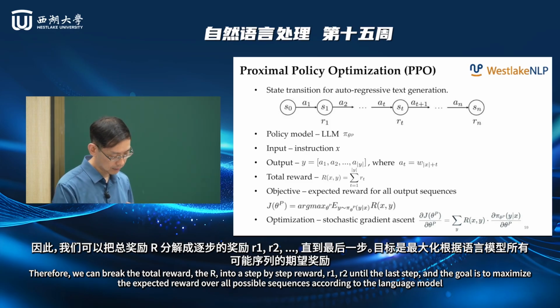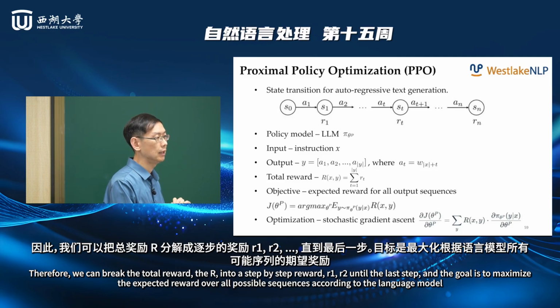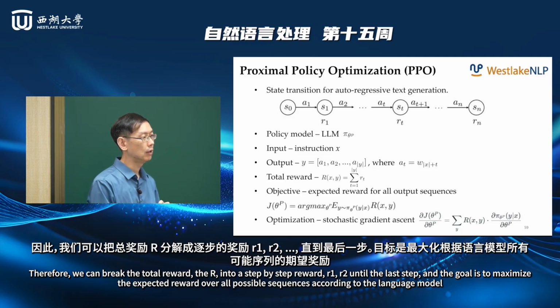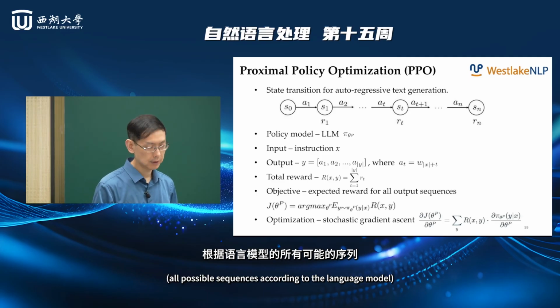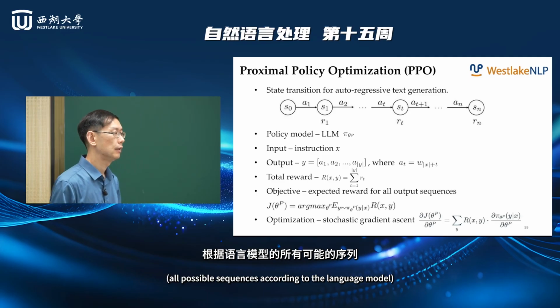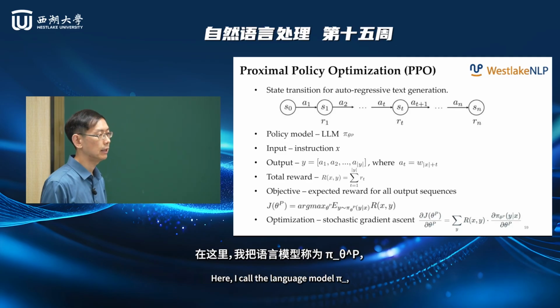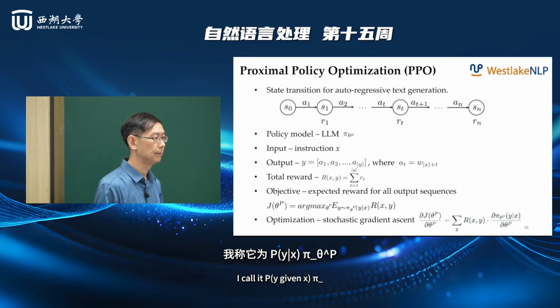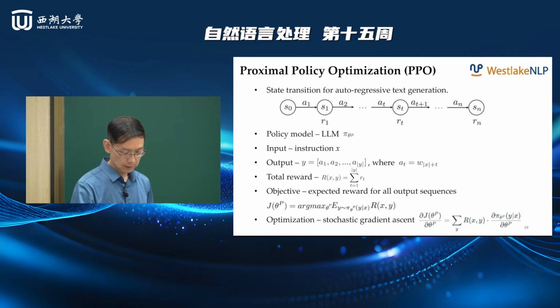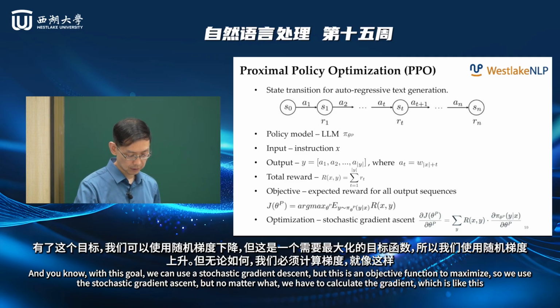And the goal is to maximize the expected reward over all possible sequences according to the language model. Here I call the language model pi theta p, which is slightly different from last week. I call it p of y given x, theta p.